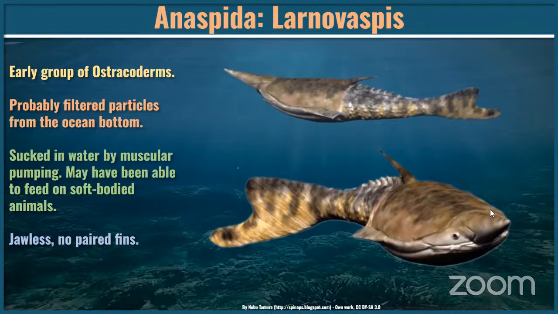While you do see ridges on this artist rendering, they're not really having paired fins in this specific group. So we have some different radiation going on in the ostracoderms early on in their evolution during this time period. But it's cool that we're starting to have fish, which is going to make our oceans look a little more like our modern day oceans, modern day communities of marine organisms.